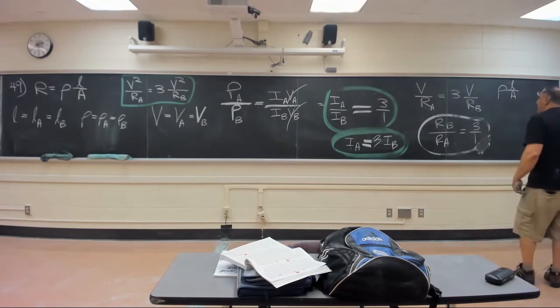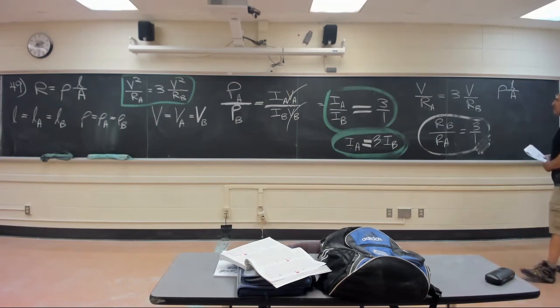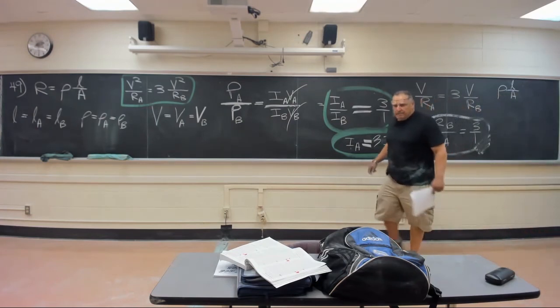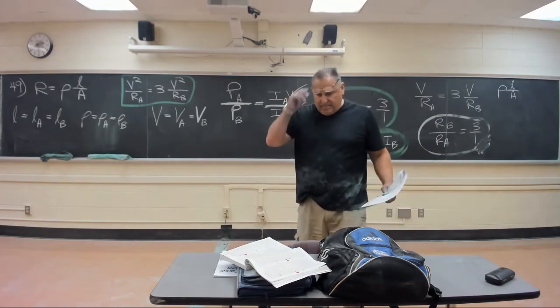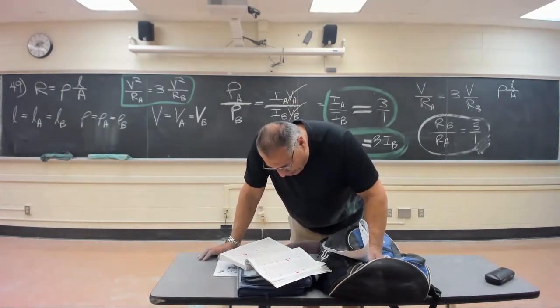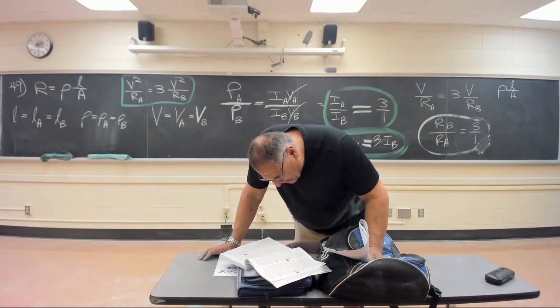I'm second guessing myself a little bit here, guys, but probably should not. There's a lot more current going through the wire that's got more heat, but its resistance isn't as much. It doesn't have to be as much because the I squared compensates for that and still makes it become more.